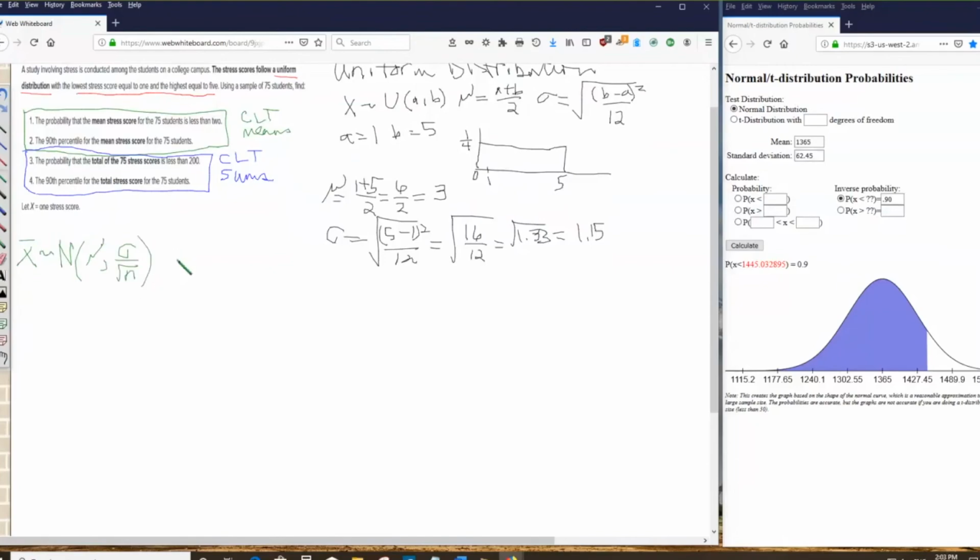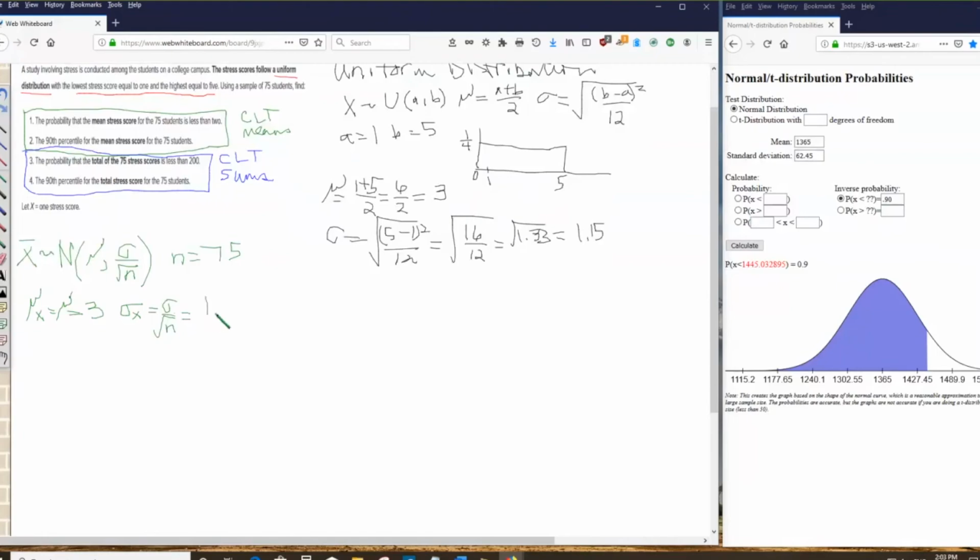My n is going to be 75. My mean of x bar is going to be the same as the original mean, so that's 3. My standard deviation is going to be the original standard deviation divided by the square root of n.